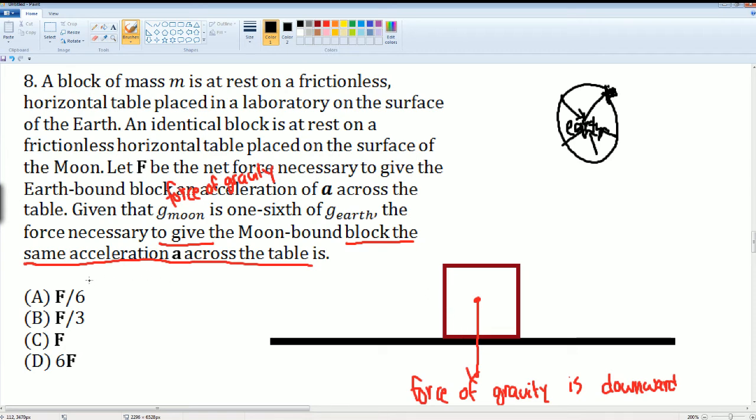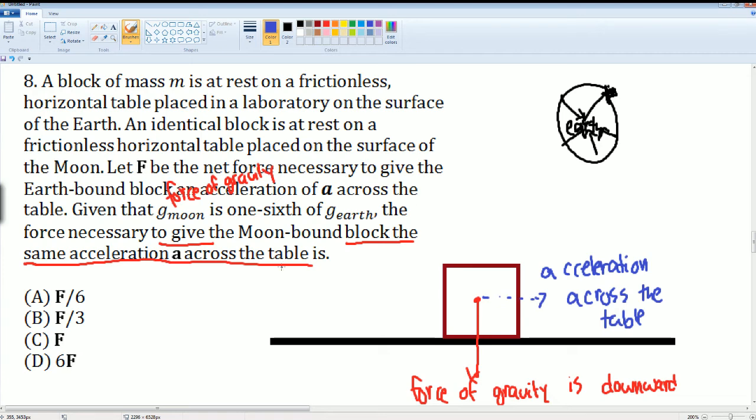But it's looking for an acceleration across the table. A lot of people will actually think number 8 is this one, but it's completely wrong.